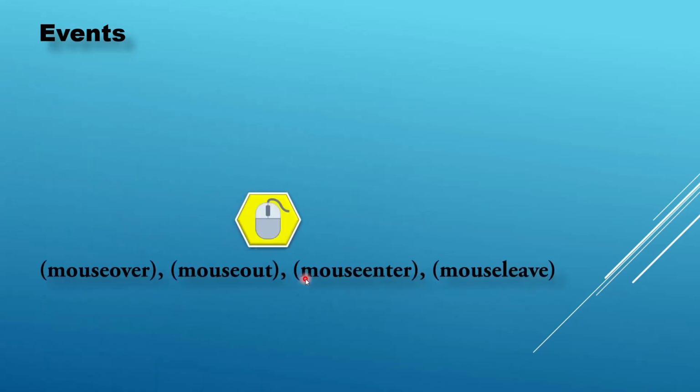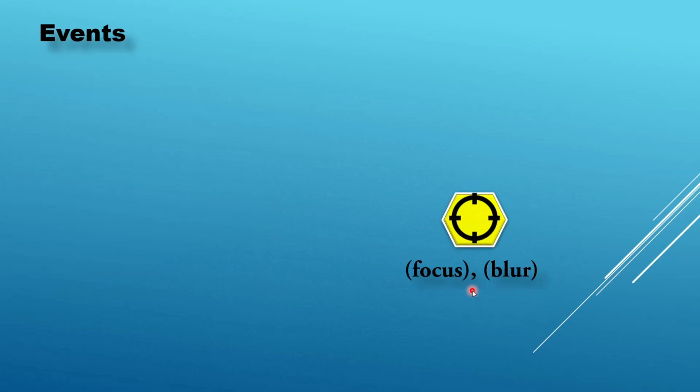Then we'll have mouse events also: mouseover, mouseout, mouseenter, mouseleave. If you want that one function to be called on mouse over, then you can implement these events. Then based on focus also you can implement, if you focus on that, or if it is a blur, then if you need any function, you can use this.